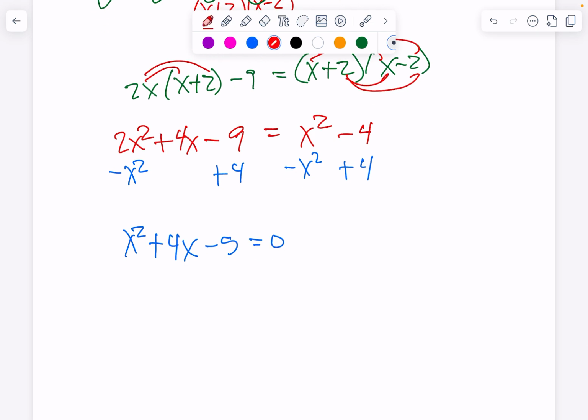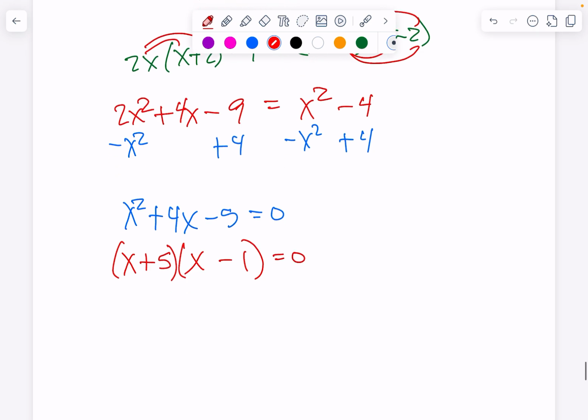Doing x games, x and x, 5 and 1, plus and negative, equals 0.